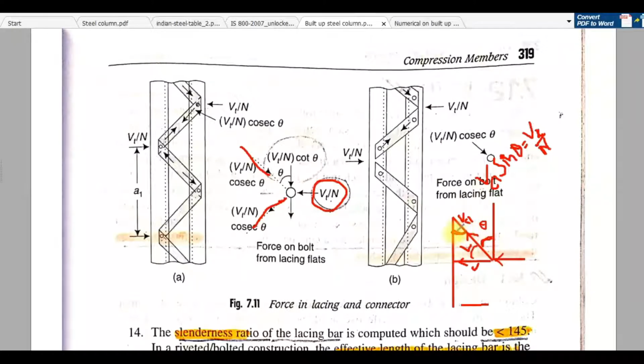So from this triangle, sine theta is equal to height by hypotenuse, that is this effective length of this lacing bar. You know this distance, that is s plus 2g. So s plus 2g by this effective length is equal to sine theta, sine 45 degree. So you can find this effective length, that is equal to s plus 2g cosec theta. Simple.